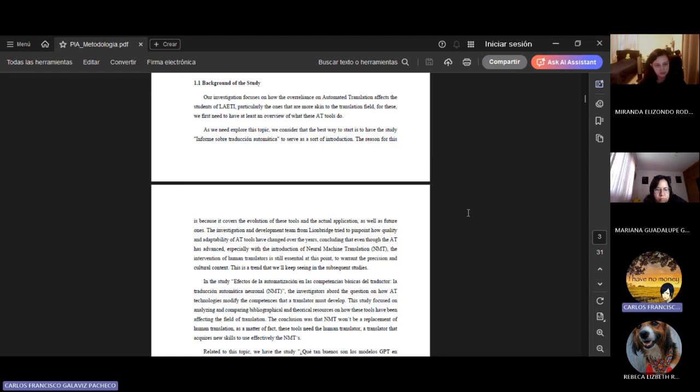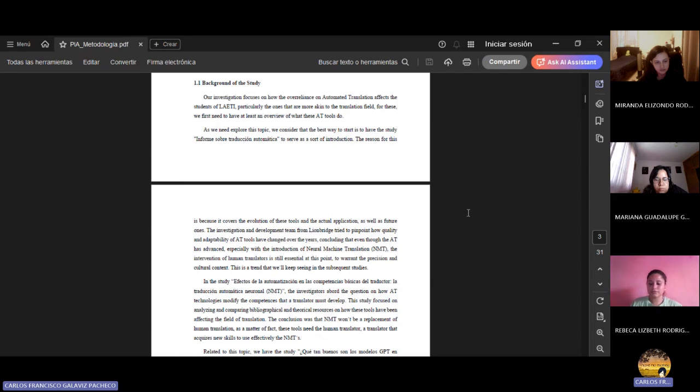One of the key aspects that we want to emphasize in the background of the project is the benefits and drawbacks of machine translation. One of the many benefits that we could find is that it's very cheap in terms of time, resources, and also overall cost.